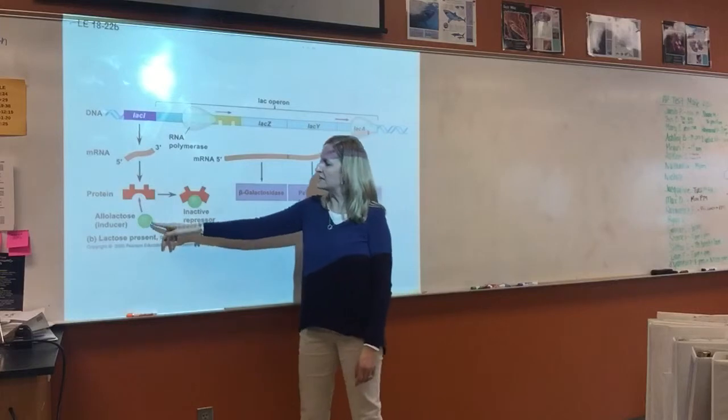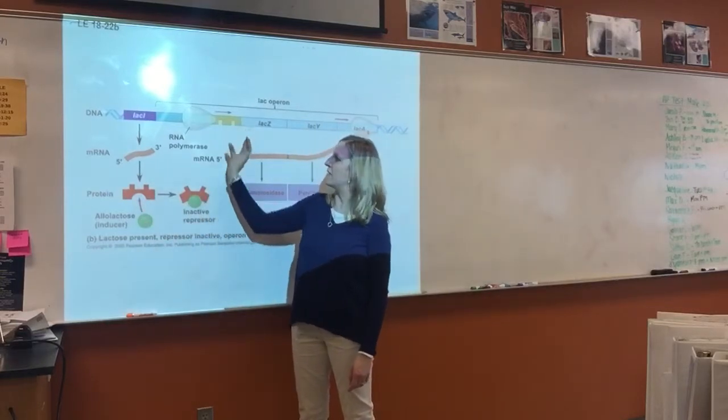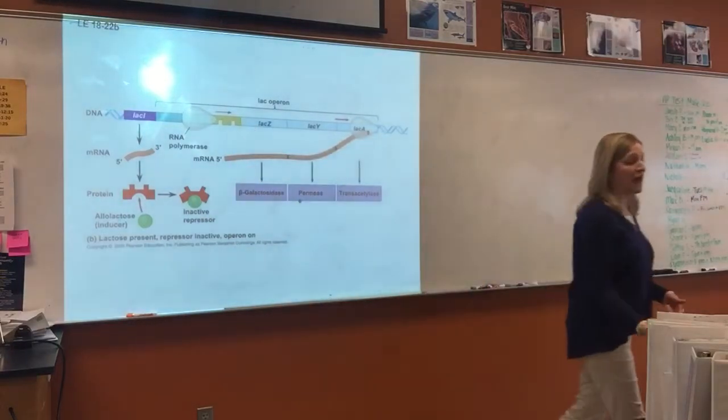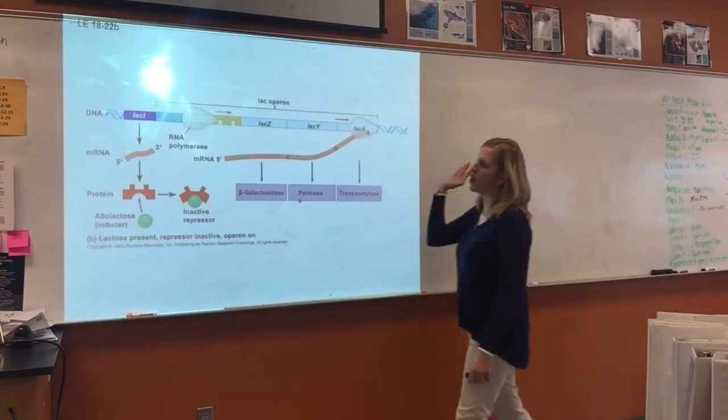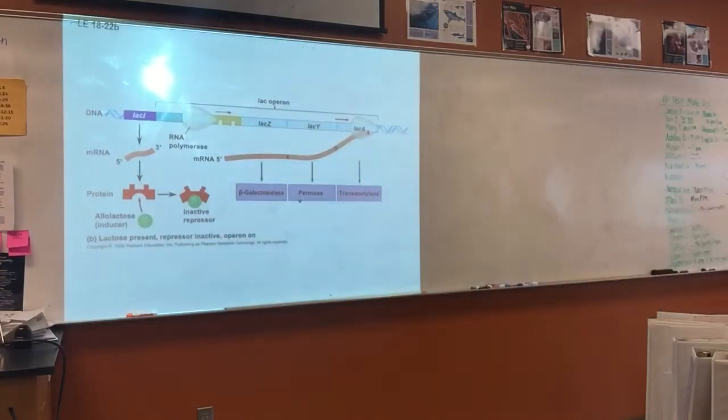If allolactose binds to the repressor, it makes it inactive, and that repressor can't bind to the operator, and therefore these genes are turned on only when lactose is present. And so the bacteria is not making enzymes to digest lactose when there's not any present. All right, so that's nothing there.